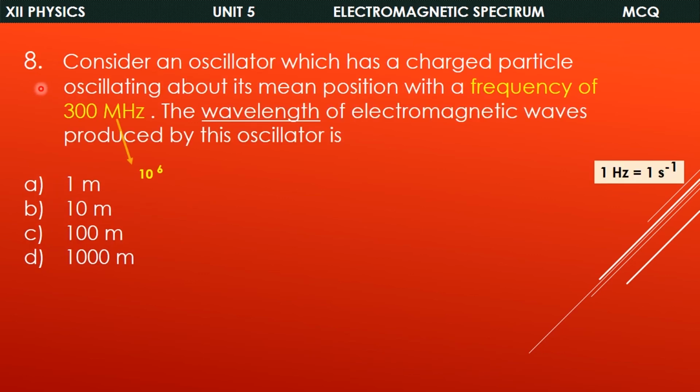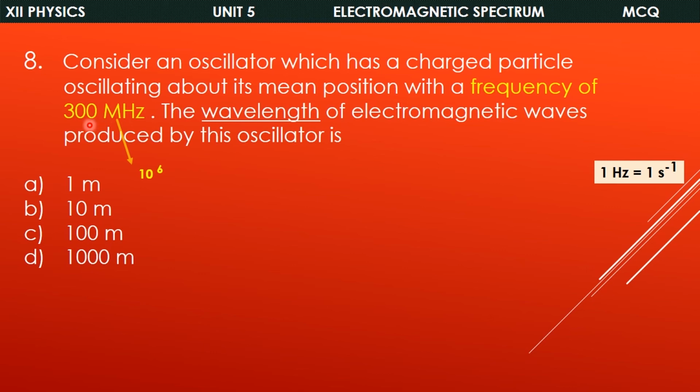Question number 8. Consider an oscillator which has a charged particle oscillating about its mean position with a frequency of 300 MHz. The wavelength of electromagnetic waves produced by this oscillator is. Here the given information is about frequency.